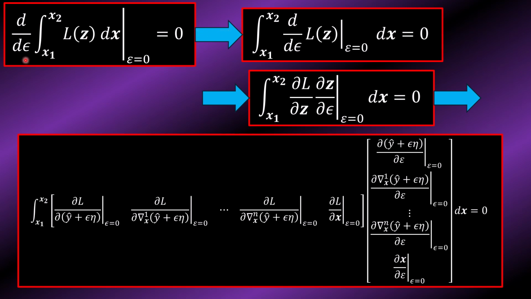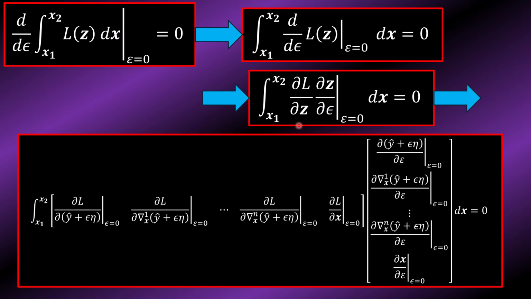We pull the derivative operator inside the integrals, since the integrals are just an infinite sum. Then we express this derivative as the Jacobian chain rule.